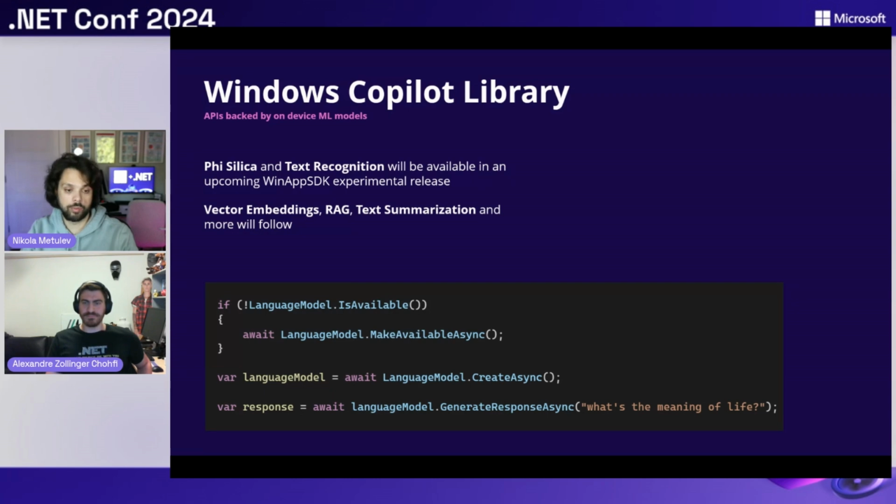We'll also include a model called Phi Silica, which is a language model, meaning you can also use that model on top of the Copilot Plus PCs to use the NPU and to do a lot of the cool stuff that we just showed you with using Phi. There are also going to be additional models and features made available through the Windows Copilot Library you can use within your own applications, and it's just really easy APIs for you to use.